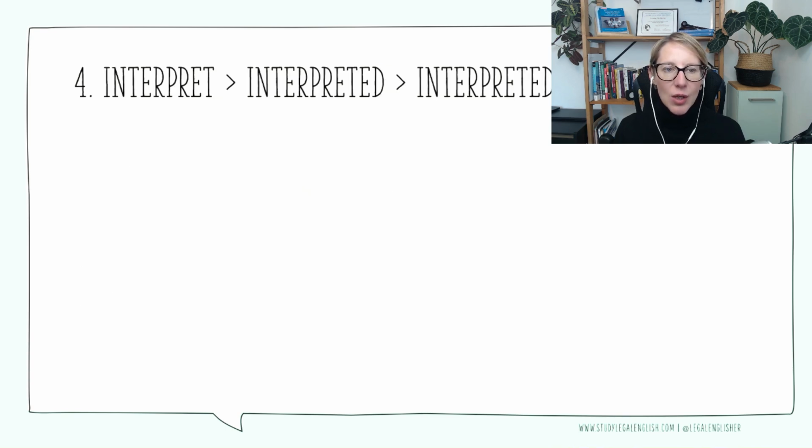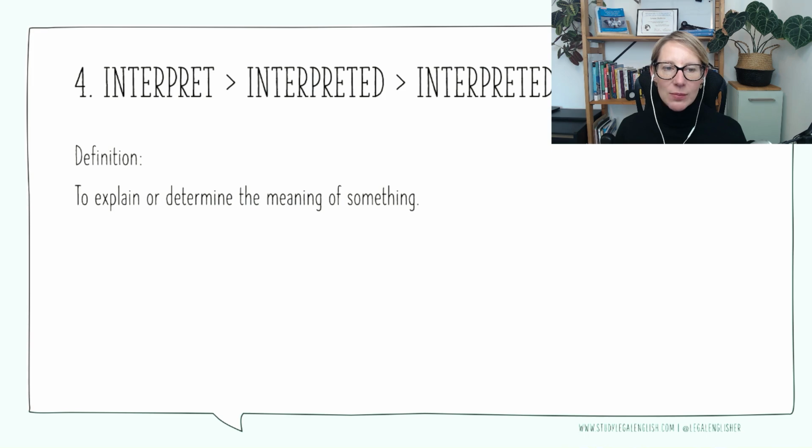Okay? All right. Number 4, to interpret. To interpret, the past simple, interpreted. The past participle is also interpreted. What does it mean? It means to explain or determine the meaning of something. Okay, you are finding the meaning of something. This is the same in general English actually, but we use it a lot also in legal English.